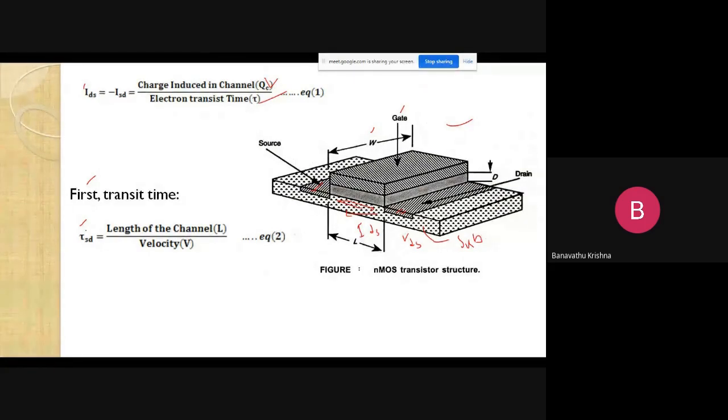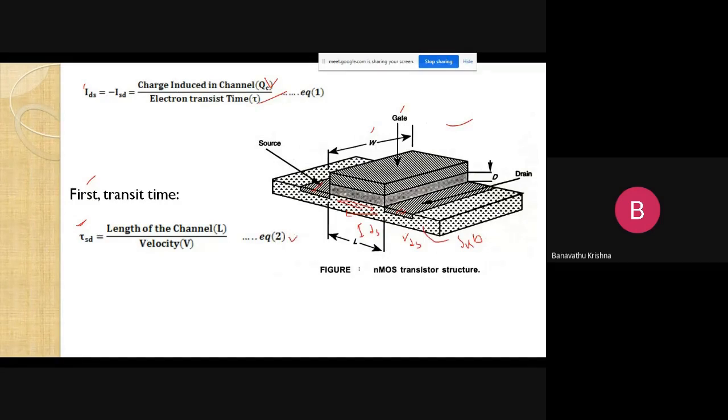The movement of charge carriers occurs along the channel with a certain velocity. That's why the transit time tau sd equals the length of the channel L divided by the velocity of the charge carrier, denoted as V.